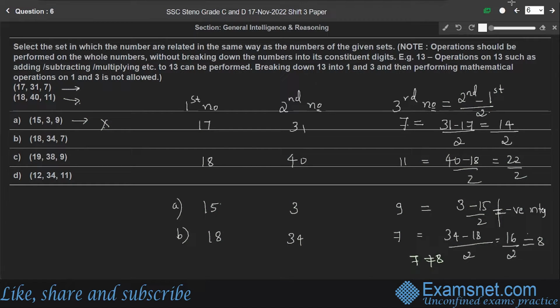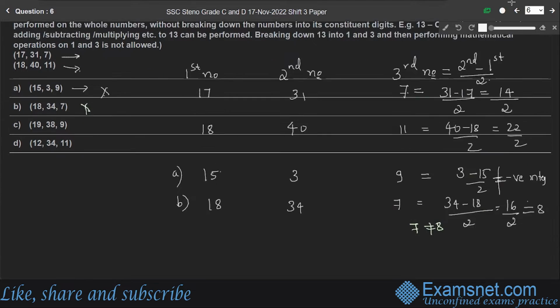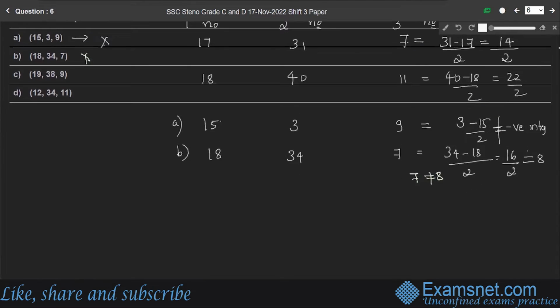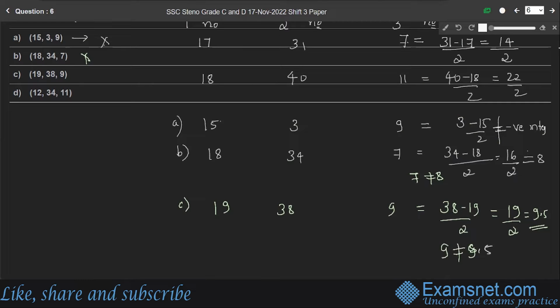Therefore, option B doesn't follow the same logic. We'll consider option C. The first number is 19, the second number is 38, the third number is 9. According to the rule, the third number should be equal to the second number 38 minus 19 by 2. 38 minus 19 is 19 itself, by 2 is 9.5, which is not possible. 9 is not equal to 9.5. Therefore, the third option doesn't follow the same logic.